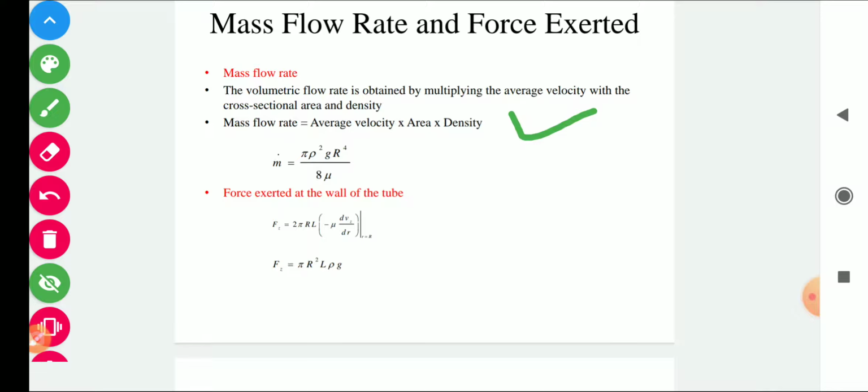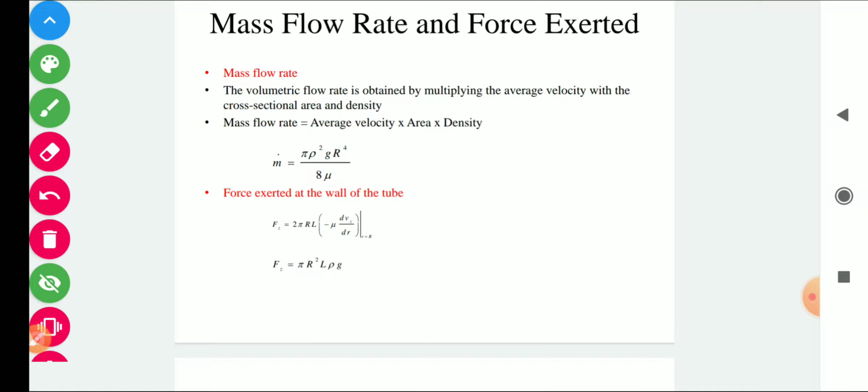So in this way you can calculate mass flow rate. Average velocity we have already calculated, area we know, and if we put density as rho, then finally the mass flow rate will be equal to pi rho square g r raised to power 4 upon 8 mu.